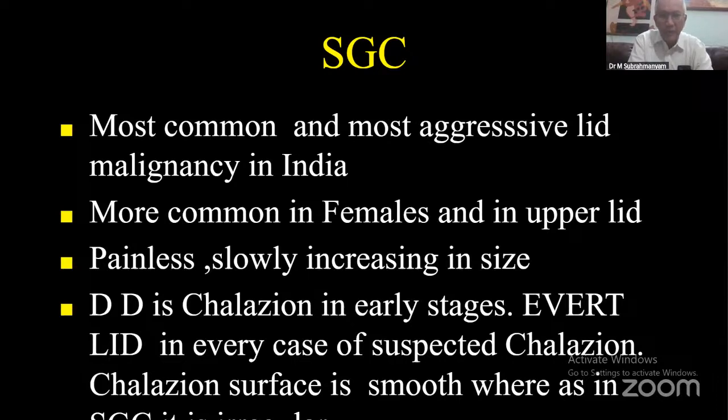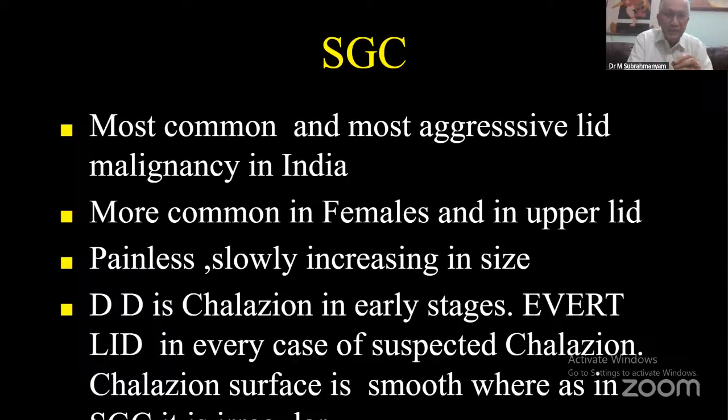It is the most common in India. It's more common in females and in the upper lid, because the upper lid has more meibomian glands than the lower lid. It is painless, slowly enlarging in size, and its differential diagnosis is chalazion in the early stages.